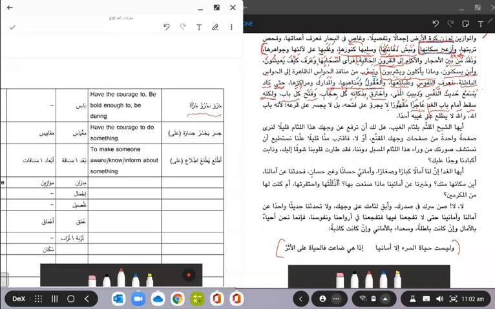Hasuna yahsunu, I think you mean Irfan. So hasuna yahsunu is one. Another one is karuma yakrumu. Rare bab. Okay, so dhamma is rare. This is one of them. Jaru'a yajru'u. Jur'atan. So hasuna yahsunu or karuma yakrumu is also okay to use. So jaru'a yajru'u, have the courage or be bold enough or be daring.